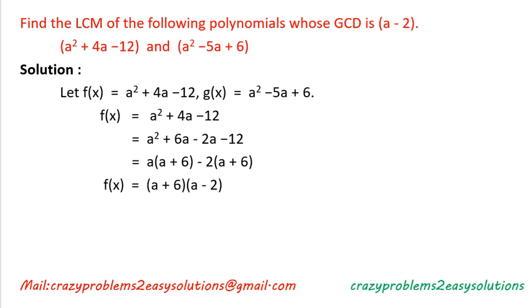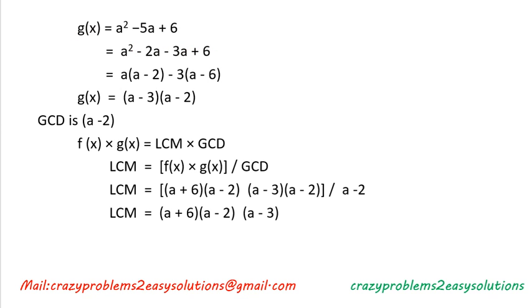Then the second part, minus 2a minus 12: 2 is common, 2 ones are 2, 2 sixes are 12, so we take minus 2 outside: minus 2 into a plus 6. Here a plus 6 is common, and the remaining is a minus 2. This is the factorization of f of x.